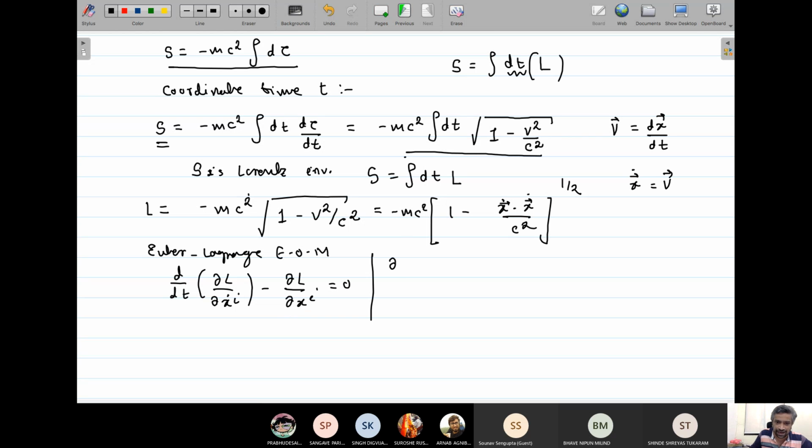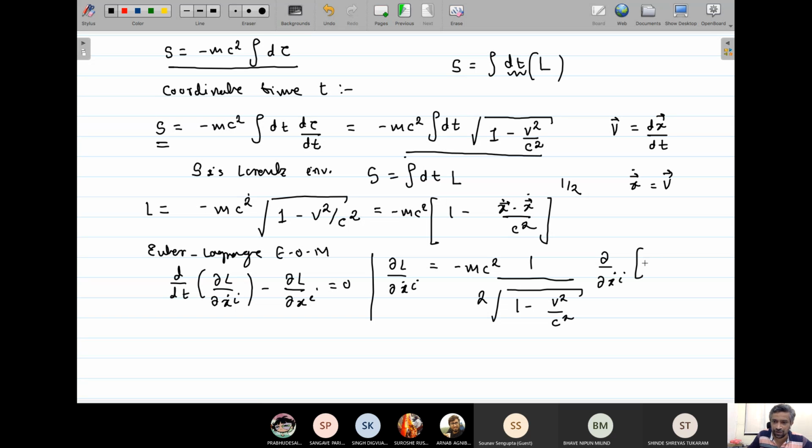Second term, ∂L/∂ẋ^i is equal to minus mc² times 1 over twice the square root of 1 minus v²/c², since I'm differentiating this quantity, and then the differentiation of v²/c² with respect to ẋ^i.